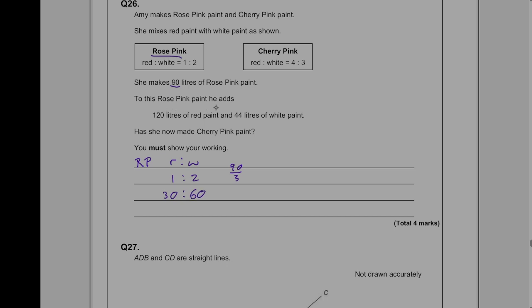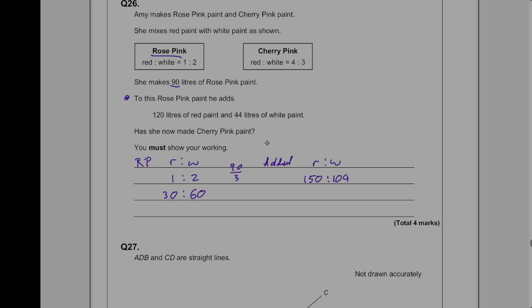To this, she adds 120 litres of red, so if we look at added red to white, I'm going to do 30 plus 120 is going to give me 150, and to white we're going to add 44, so that's going to be 104. So that's what's been added.